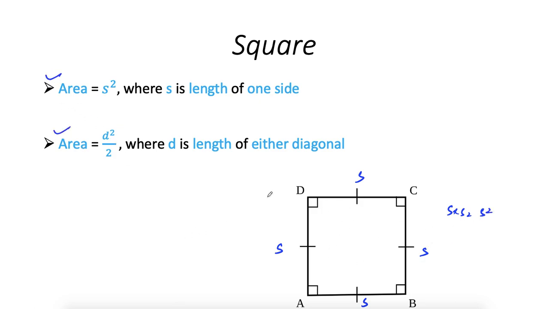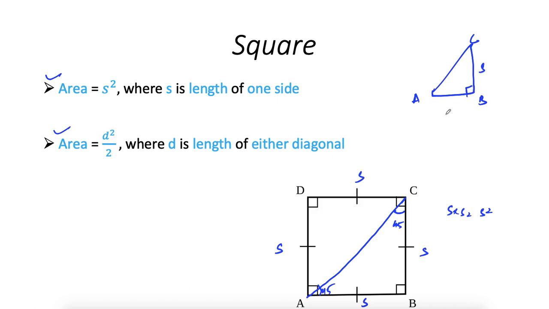The other way is by the use of diagonal. Because both sides are equal and the angle is 90, if I draw the diagonal, it is bisecting the angle as well. This will be 45 degree, this will be 45 degree. So if I consider this as a separate triangle, A, C, B, this is 90 degree.